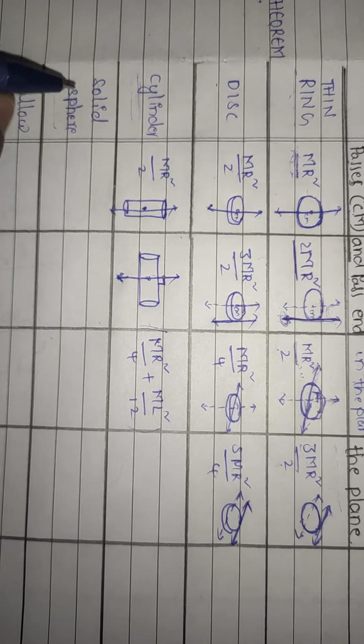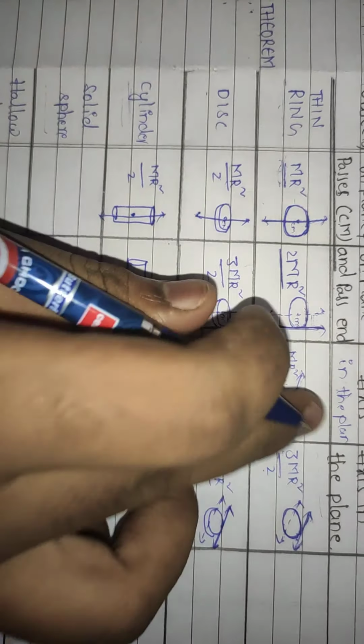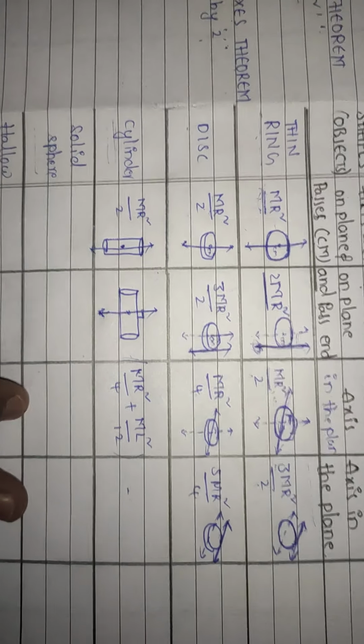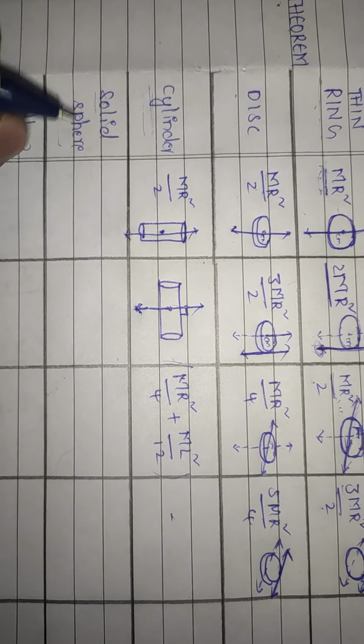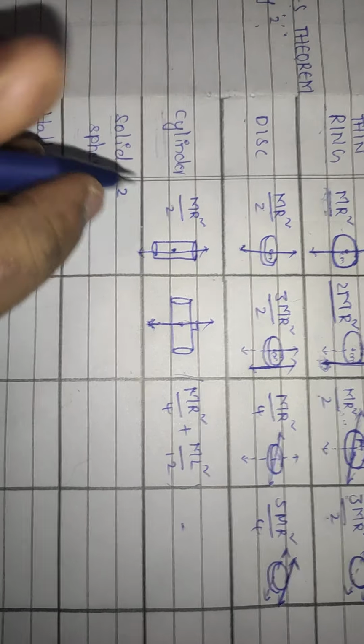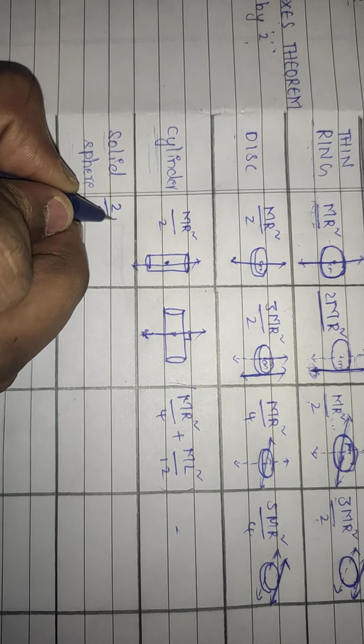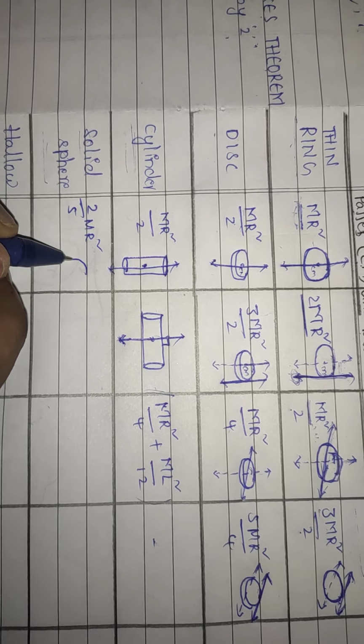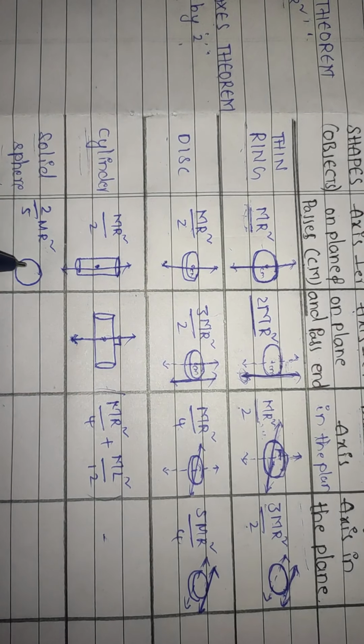Okay, let us move on. We do not need this diametrical axis, it can be neglected. Now let us take the solid sphere. First thing we have to remember, 2 by 5 mr square. What is a sphere? Axis perpendicular to the plane and passes through the center of mass.